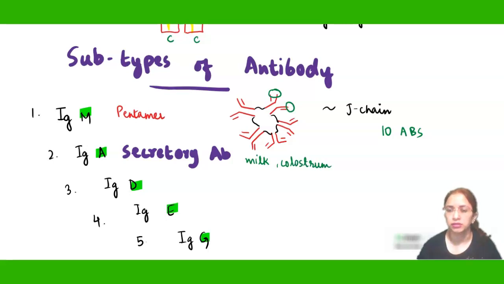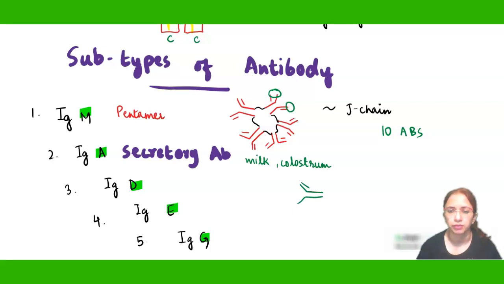When a mother comes in the lactation phase, the first milk that is ejected from the mammary glands has a yellow color and is rich in antibodies. The antibodies in the colostrum are IgA, and they are also present in the milk that comes after the secretion of colostrum. So IgA is also known as secretory antibody. It is present in the milk and the colostrum.